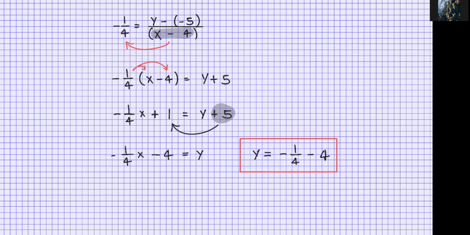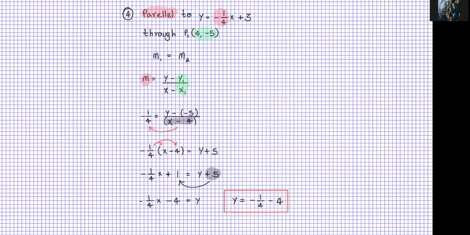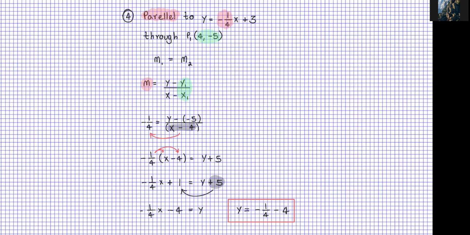So there we go. If you see, it's very similar to one of the examples we did before. The only difference is how the information is presented, but it is exactly the same.